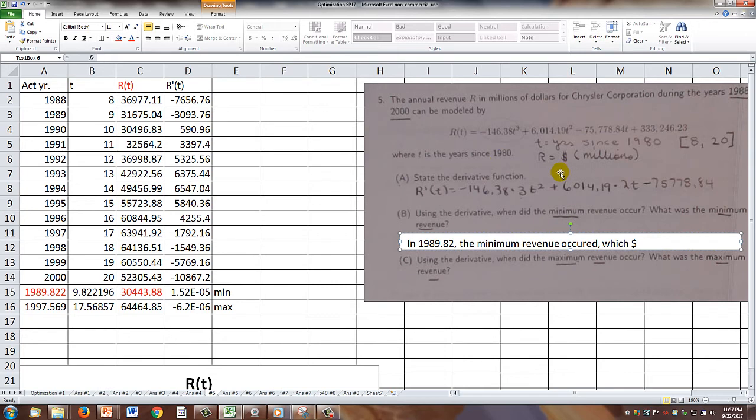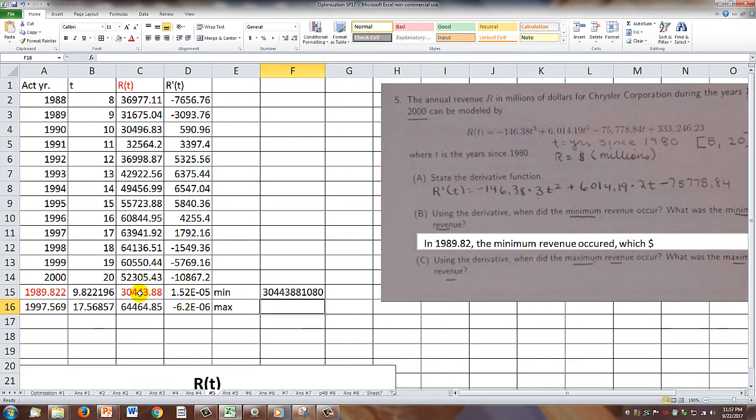Remember our units, this is in millions, so we can take that value and write the word million after it, or you can find the actual. This is going to be a large number, so I'm just going to write million. So it would be $30,443 million is our minimum revenue.